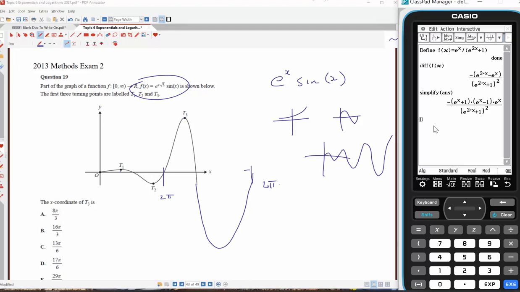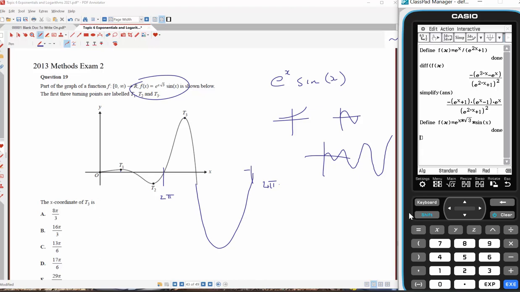Alright, so let's go for it. Shift 7 for define f of x equals Shift E x times Shift root, times, make sure you go back out of the exponent, multiplied by Shift 1, sine x.